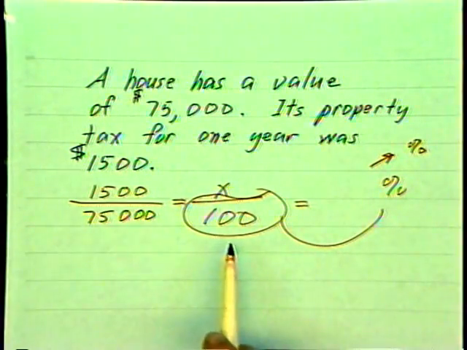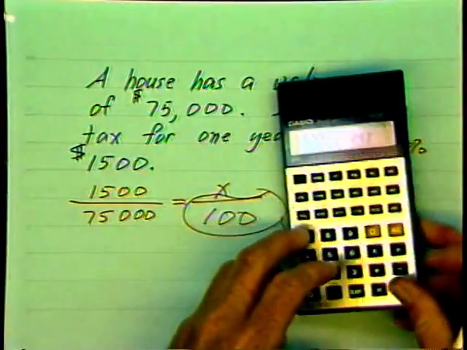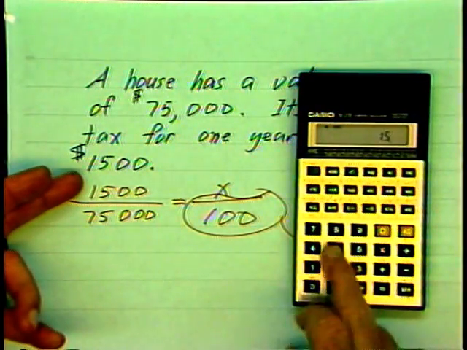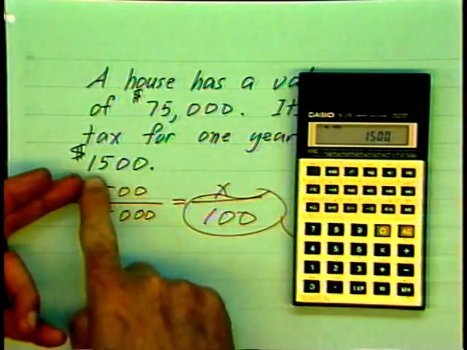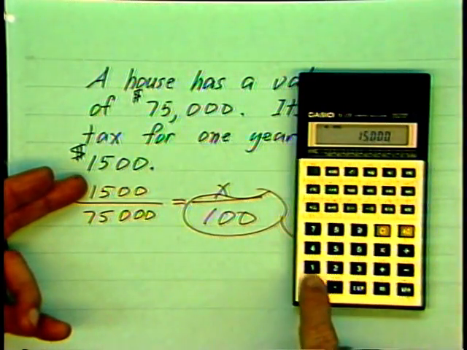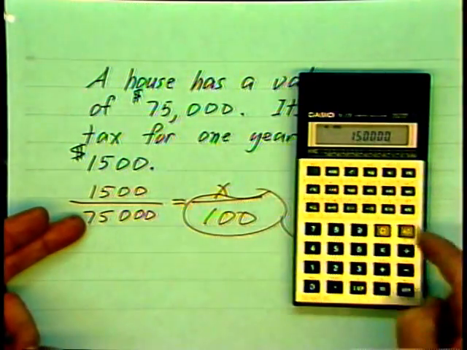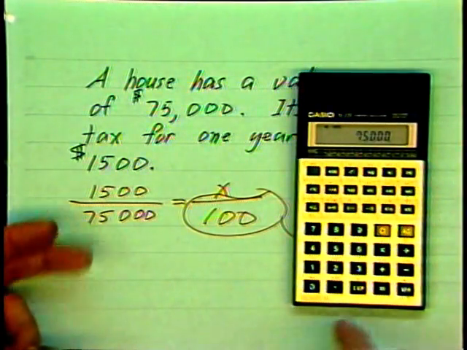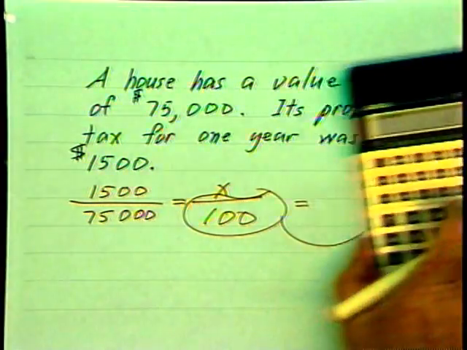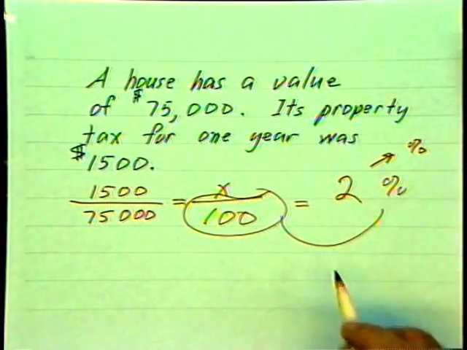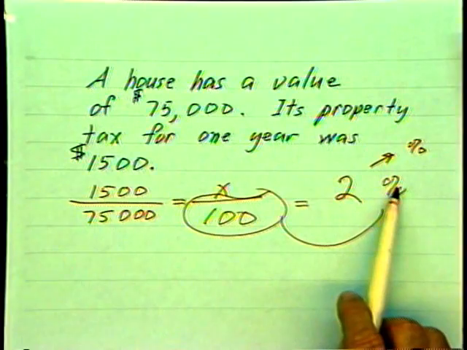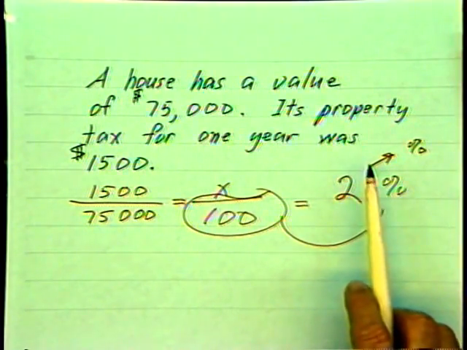So solving this proportion, and by now I hope that you're very fast at doing this on the calculator. 1,500 times 100 divided by 75,000, and we get 2. So we're paying, in effect, 2% of our property tax.